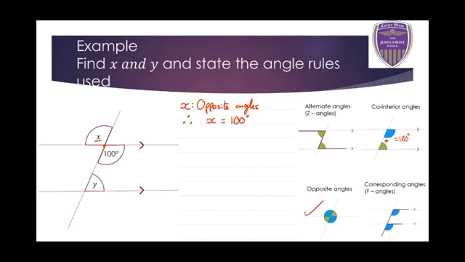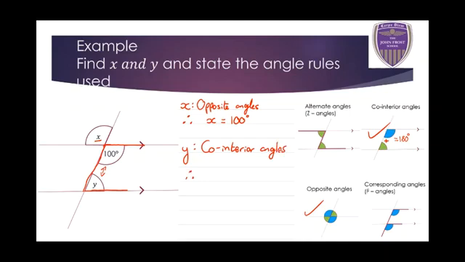Okay, now to find angle y, I can see that they're both in this sort of C shape and they're both vertically opposite each other. Okay, so that must mean we're going to be using the corresponding angle rule. Oh, sorry, not corresponding, co-interior angle rules. Okay, so co-interior angles.